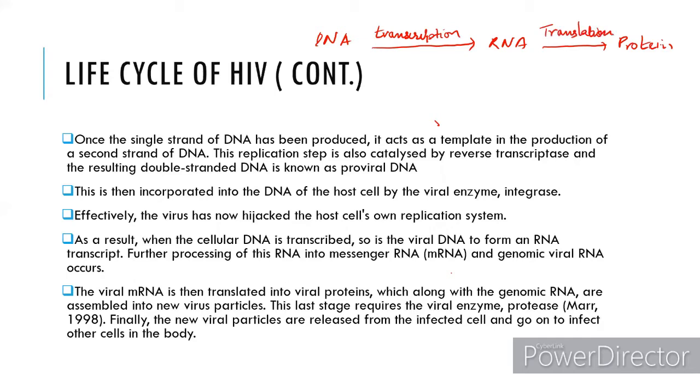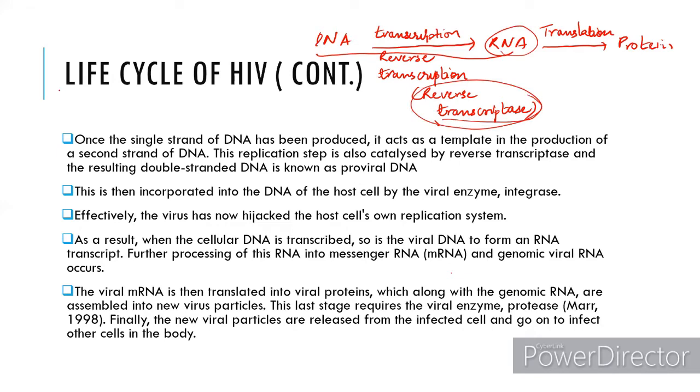And RNA getting converted to DNA is reverse transcription. This is done with the help of an enzyme called reverse transcriptase. For RNA to get converted into DNA, it needs the enzyme reverse transcriptase. The process is referred to as reverse transcription.